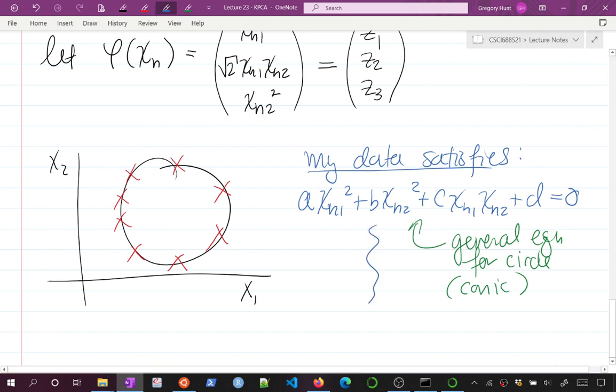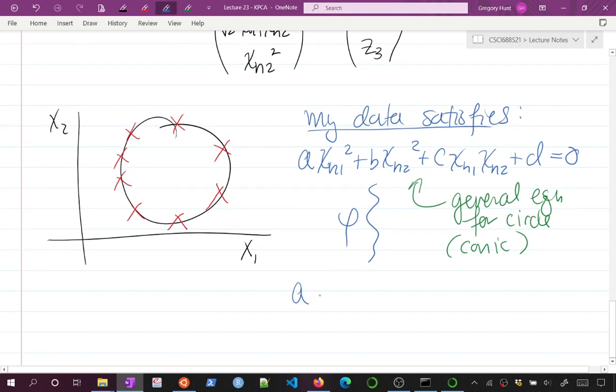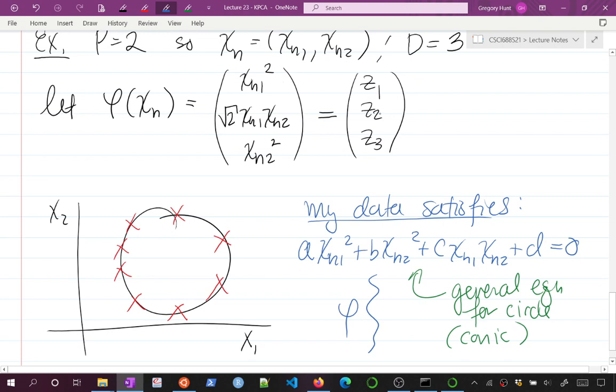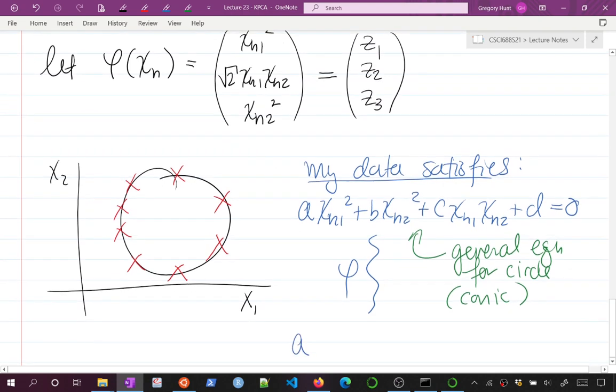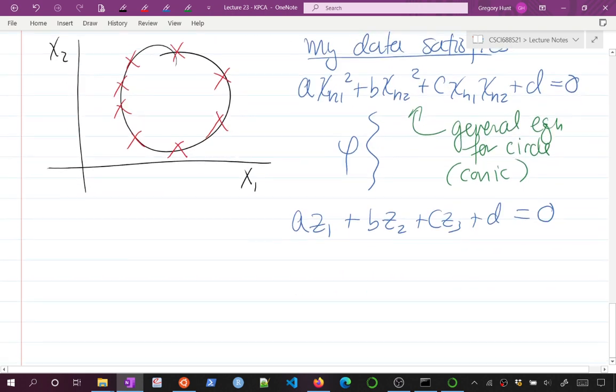If I transform this through phi, I can rewrite this in terms of z1, 2, and 3. This would be a z1 plus b z2 plus c z3 plus d is 0. And what is this the equation for? In the three-dimensional space, this is the equation for a plane, right?